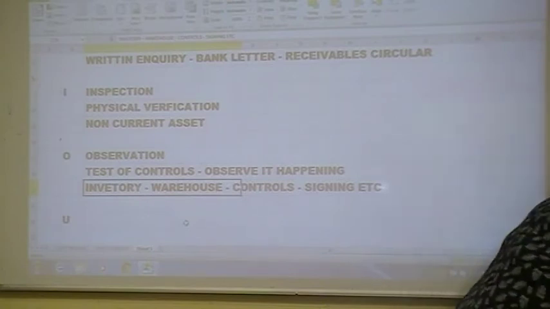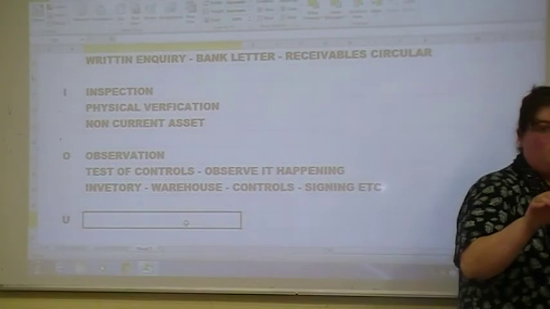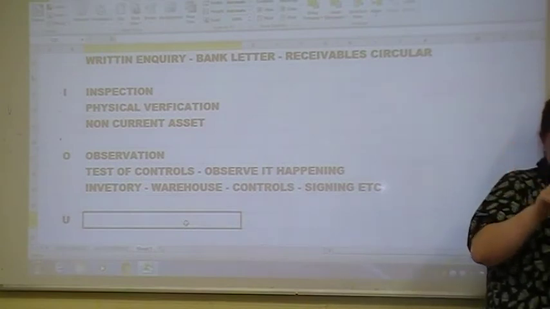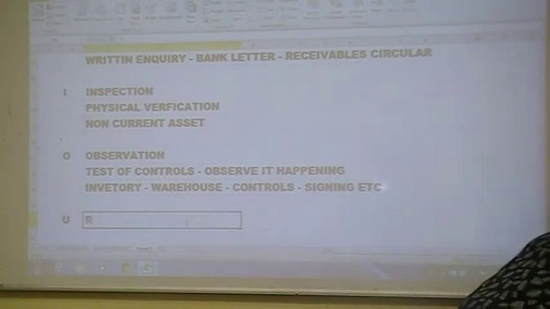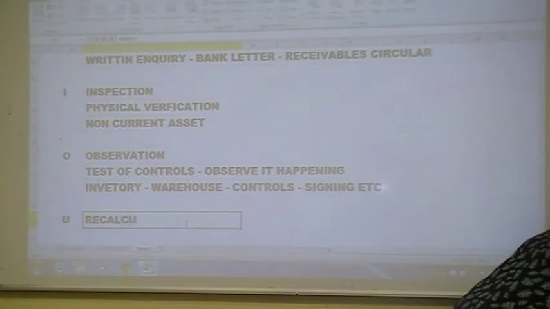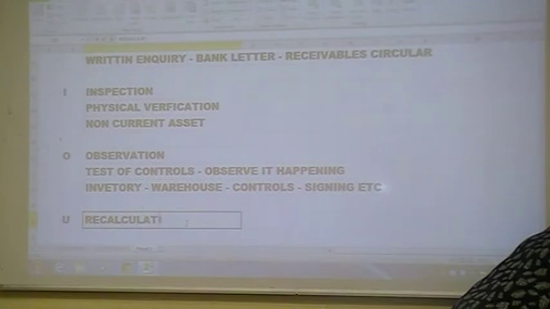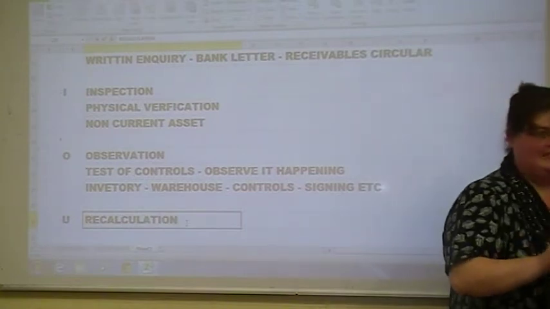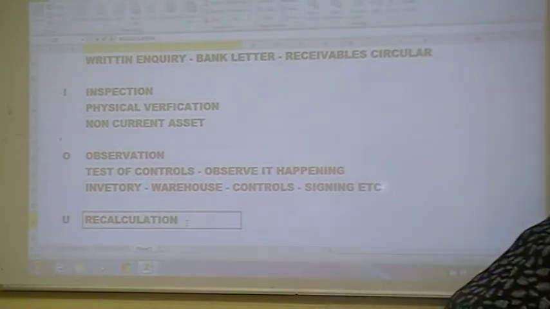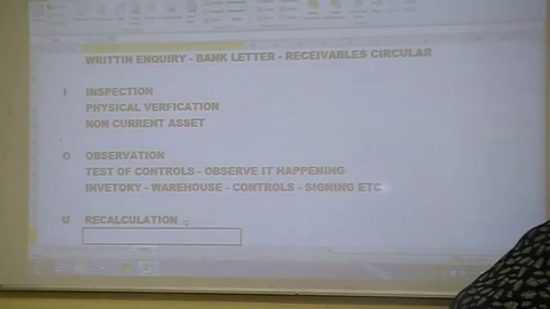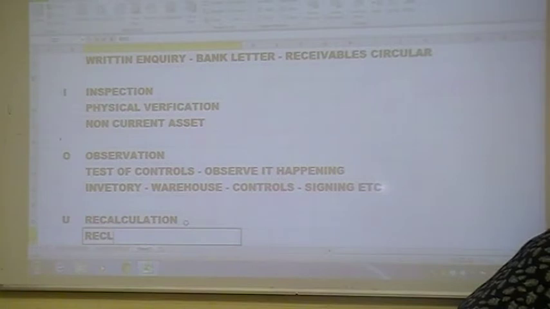Mm-hmm. And then our last one, it's recalculation. It's stretching it a little bit. Okay, so we're highlighting the U, and anyway, recalculation. So we're actually recalculating figures.